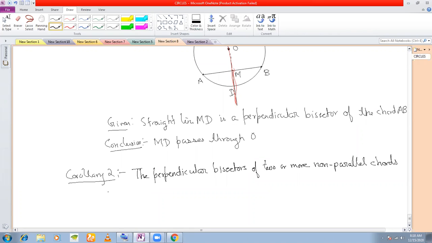Perpendicular bisectors of two or more non-parallel chords of a circle must intersect at the center of the circle.